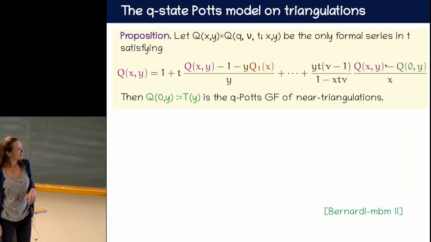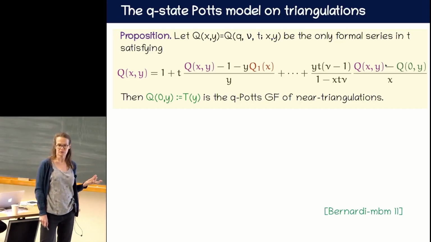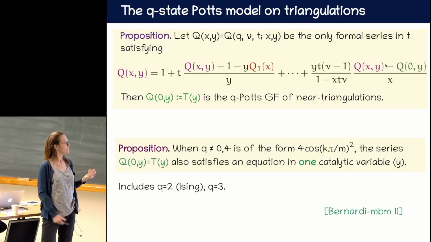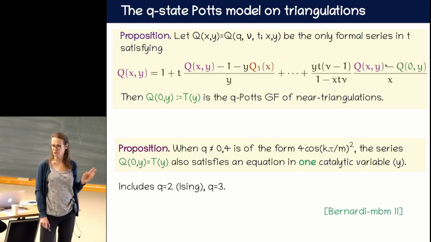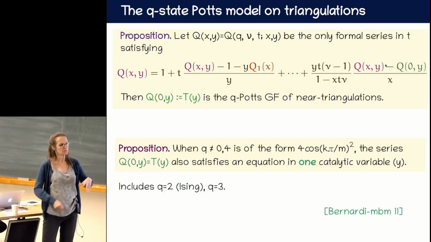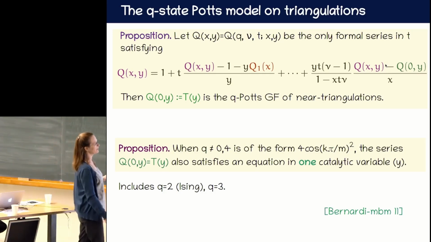This was not the main result of this paper. The main result was that for certain values of Q, of the number of colors, but which you can specialize to any real number.